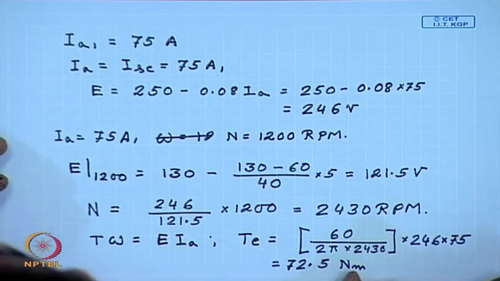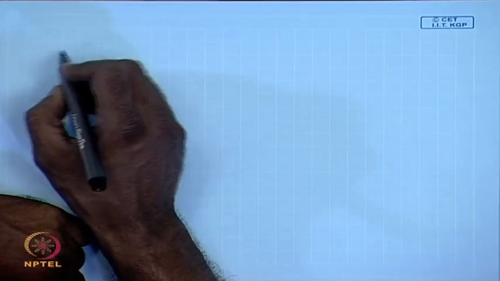Therefore, in this manner we can calculate, for different values of armature current, we can find out the torque and speed.